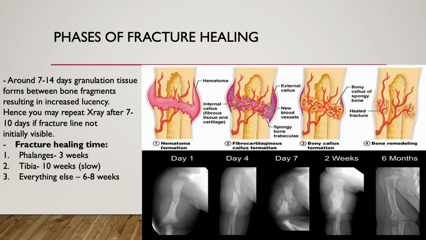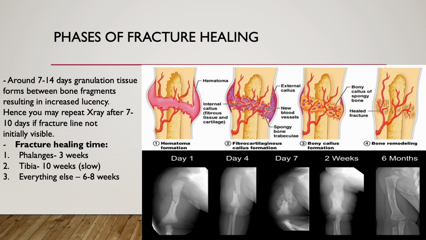This callus is further going to calcify, forming a bony callus, and further at the end, we'll have bone remodeling. Right, as we can see in this radiograph, there is a fracture. With time, the fracture is forming a callus. The callus has become bony and the bone has remodeled.